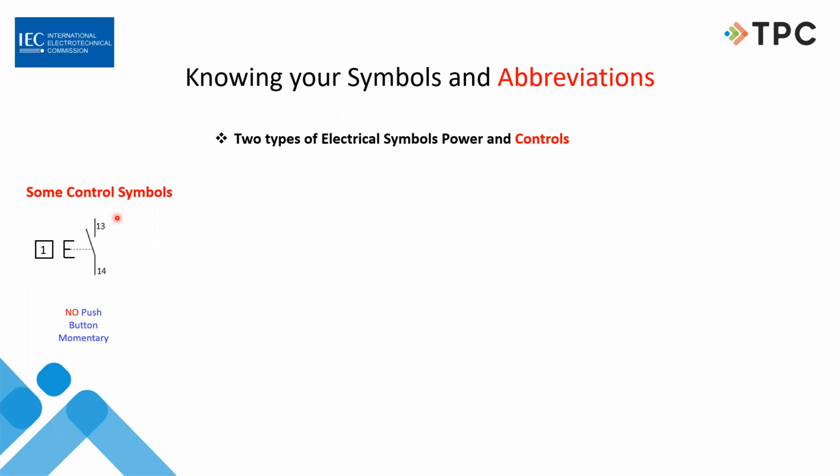Could be a start button, which is kind of typical if it's on a motor or something. But with this symbol, I know that I'm going to push that, and it's momentary, and it's probably going to do something. I'm going to jog something. I'm going to start a motor or whatever.